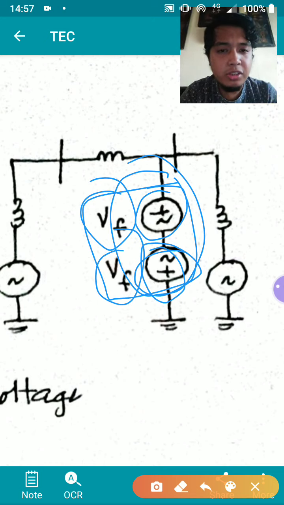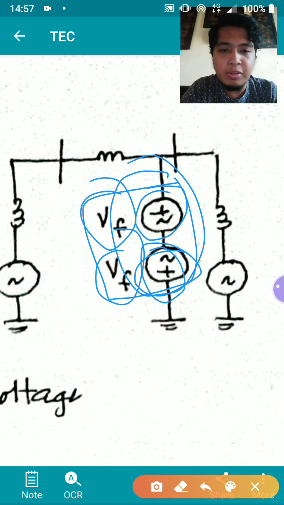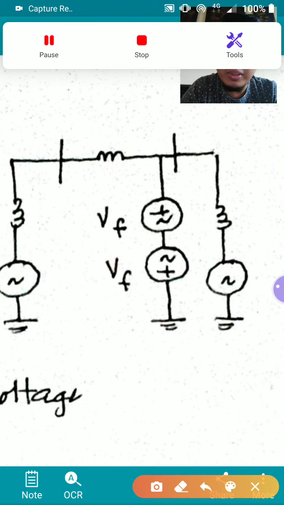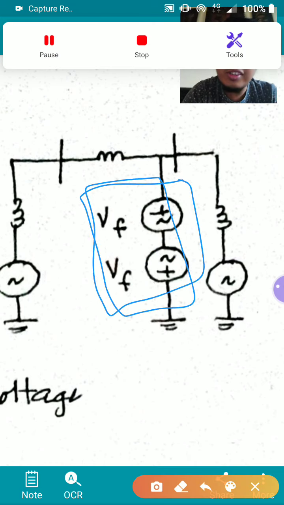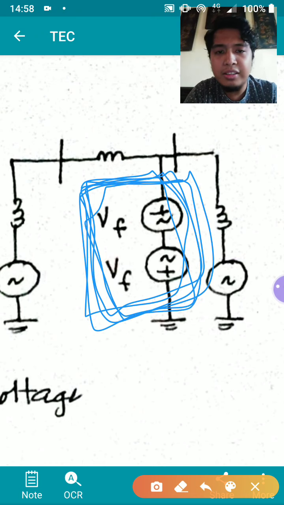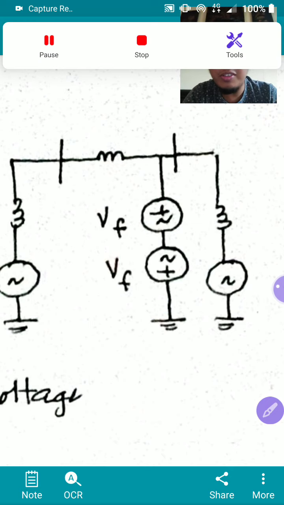Now, these two voltage sources can be any voltage, but it is important that we use the pre-fault voltage. Okay, so we'll be using the pre-fault voltage as VF, the fault voltage. Again, they will just cancel out in this diagram, so it doesn't really matter what the voltage is, but we'll use the pre-fault voltage for a very specific reason that I'll show now.